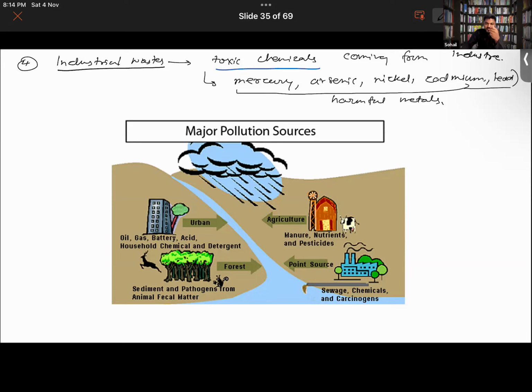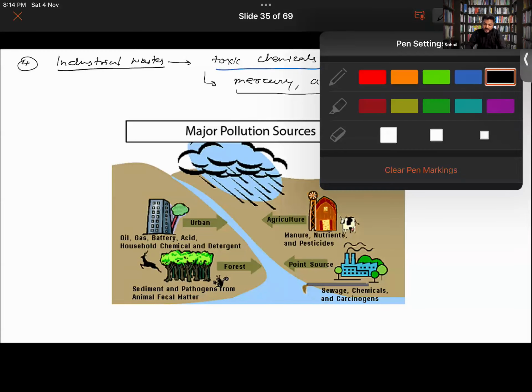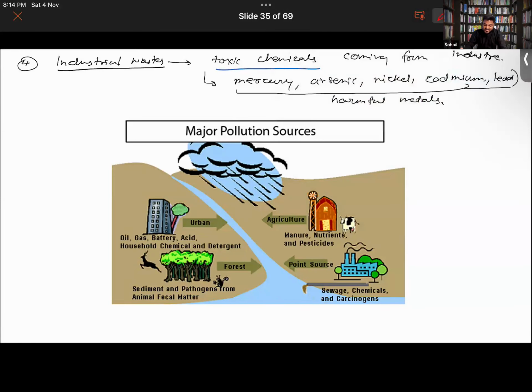Okay, now which industries will be releasing these types of waste mainly अगर हम बात करते हैं leather industries के, yes, sir. We can take leather industries or here, sugar industries. Yes, sir. Okay, you guys also name some of the industries. Like we can take industries that are manufacturing fertilizers, pesticides, or insecticides.